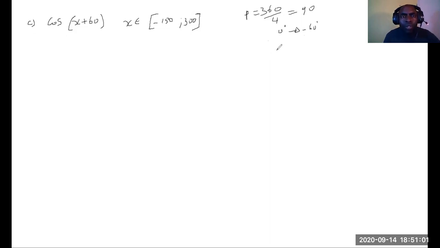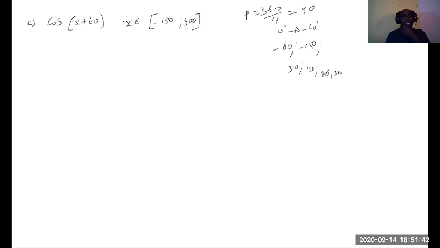Our critical values will be at negative 60, then negative 150, then again at 30, because if you add 90, it will be at 30, then at 120, then at 210, then at 300.